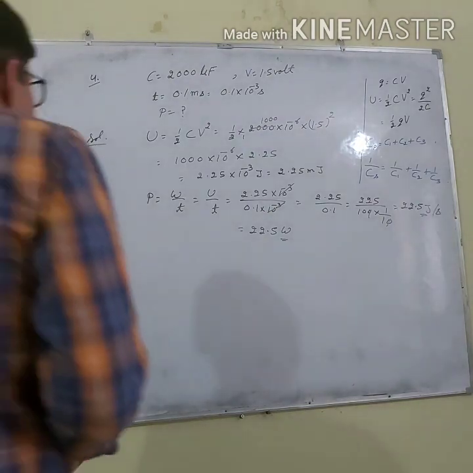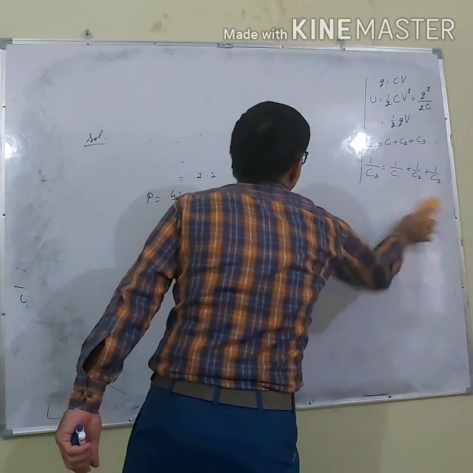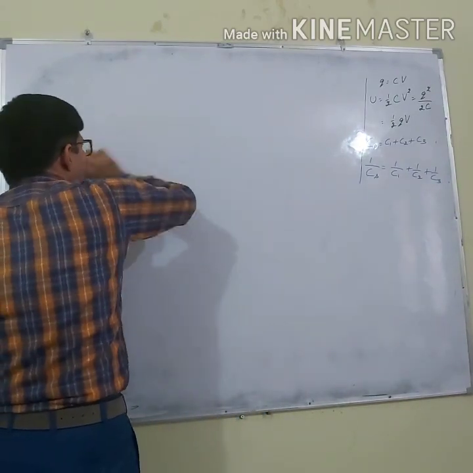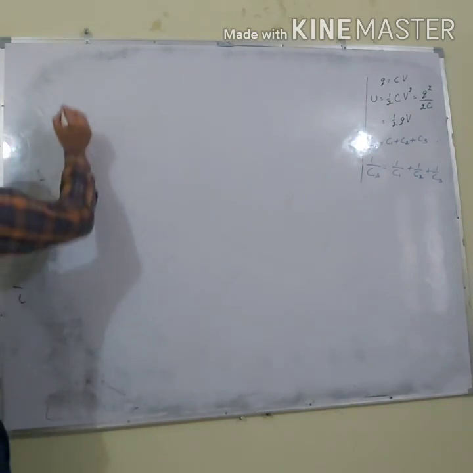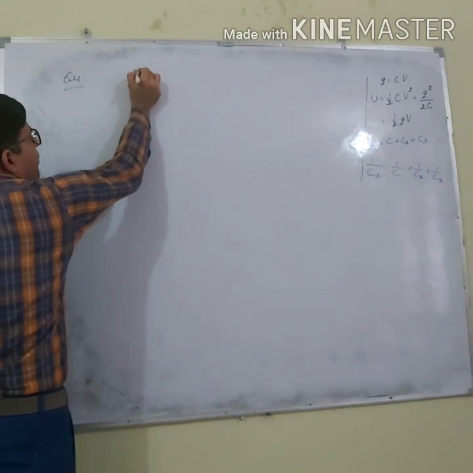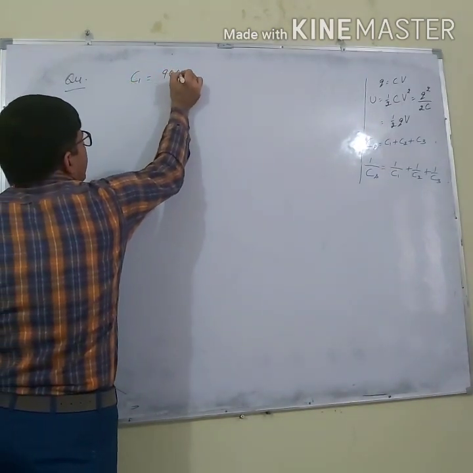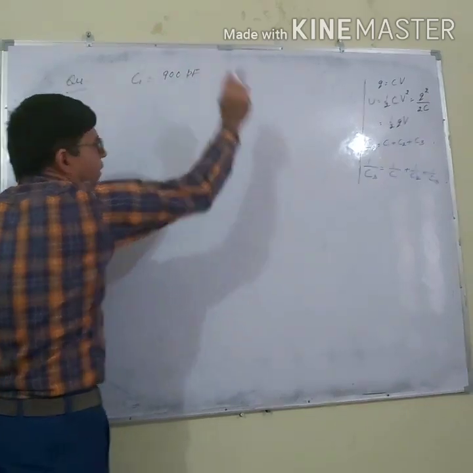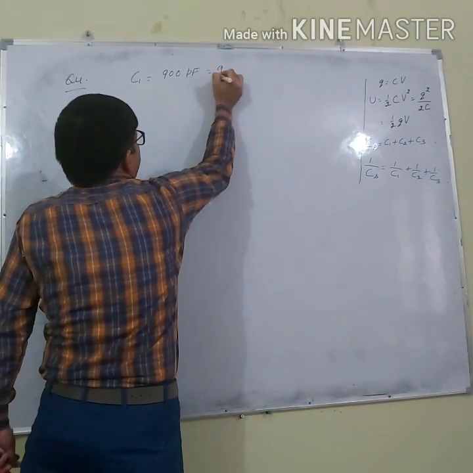Now the next question was asked in the CBSE examination. What is that question? What am I given? I am given a capacitor of 900 picofarad. Pico means 10 to the power minus 12.